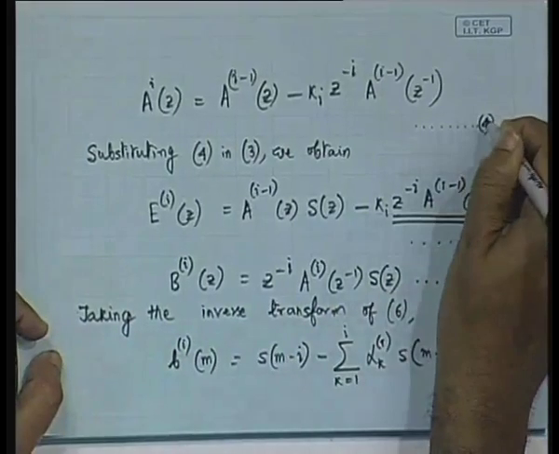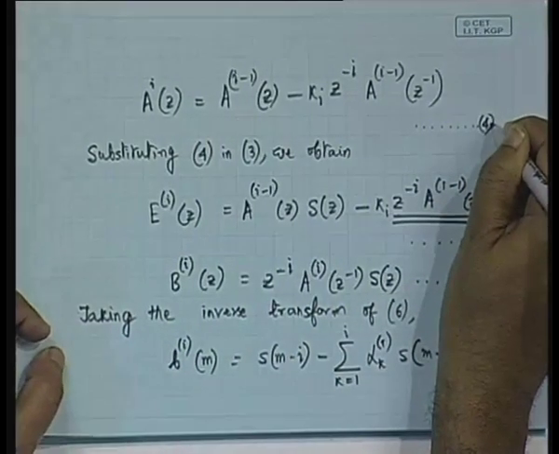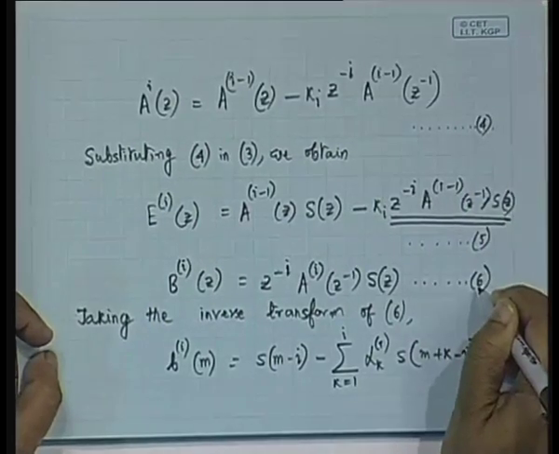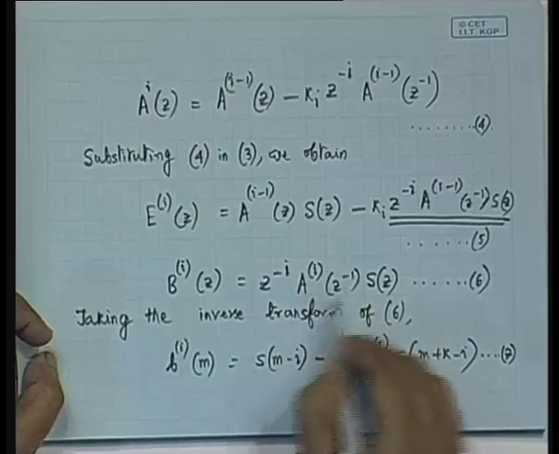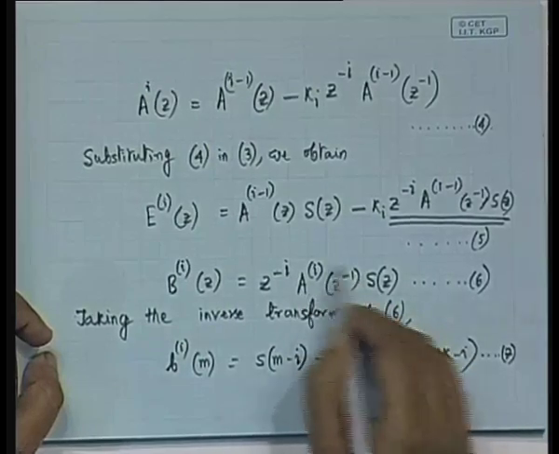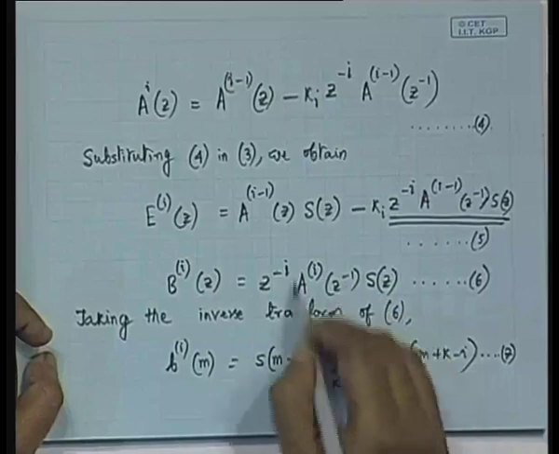Now, this is the time domain expression, and if we now substitute equation 4 in 6, what do we have? In 6 we have this a i z to the power minus 1 form.